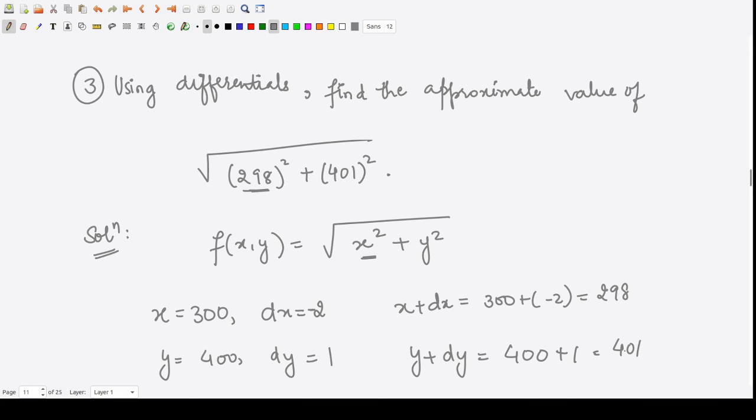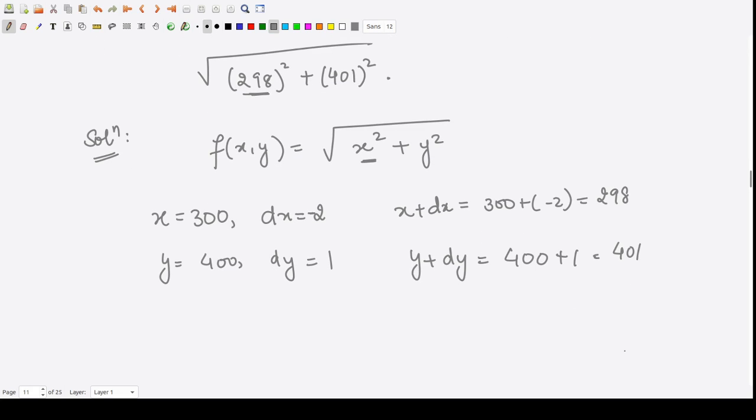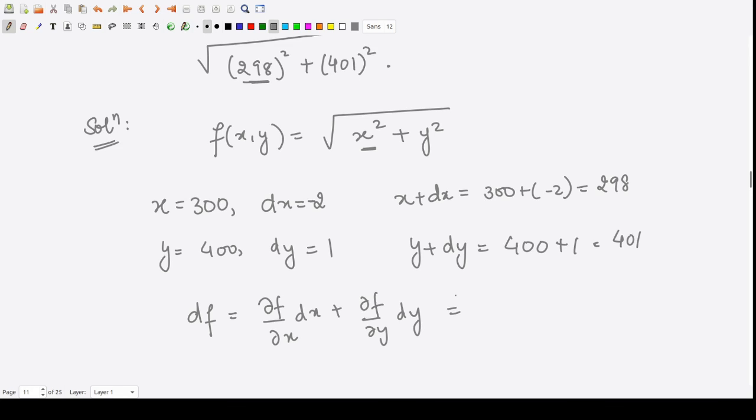Now we have to approximate this value. For that, we will compute df first. It would be the complete derivative of this function. So it would be del f by del x into dx plus del f by del y into dy. So what would be the derivative of f?